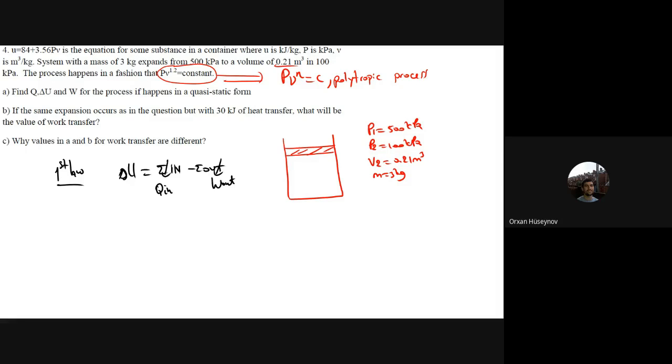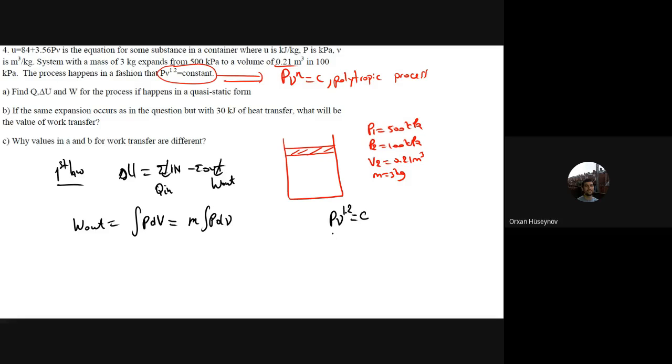Now let's find the work out. That will be equal to the integral of P dV, or you can write this as the mass, and out of the brackets you will have P d nu. The pressure and volume relationship is important here. The question says P nu to the 1.2 is constant. You can find this constant value.